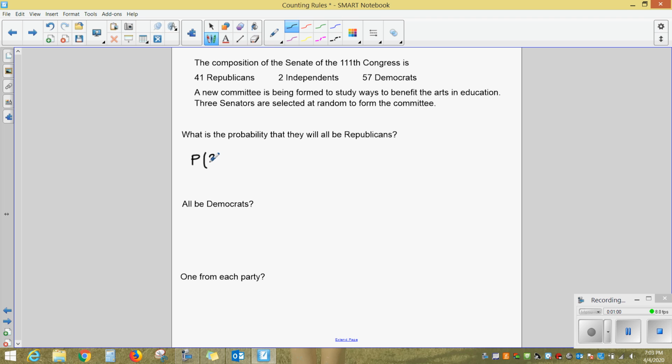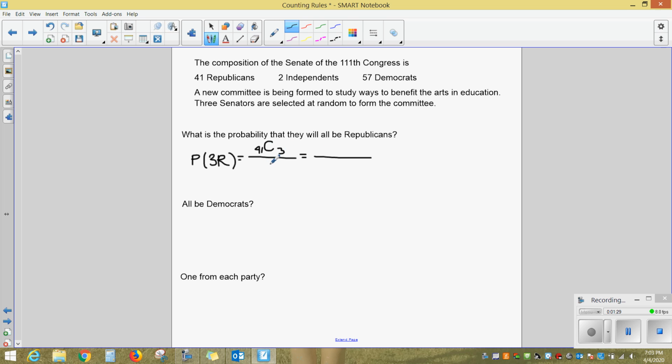If we want the probability that all 3 of them will be Republicans, on the top what we need is the total number of ways I can choose 3 Republicans. And on the bottom, we need the total number of ways we can choose 3 people from this list. So from the Republicans, there are 41 of them, and I want to choose 3 of them.